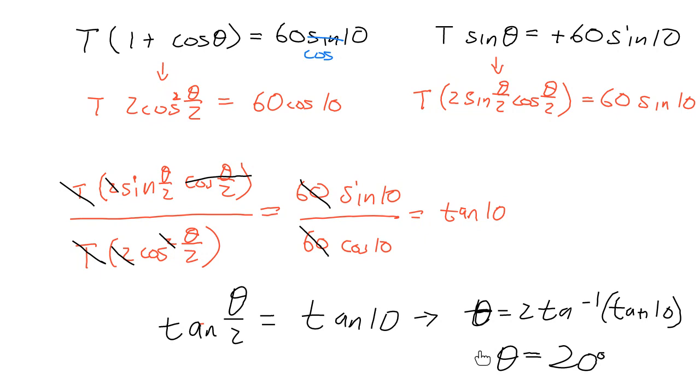So now we can just take this theta, which I guess we're supposed to solve for anyway, and plug it in to either one of these equations. So plug it in right here, or right here. This is actually a shorter one. Plug in theta there, and we can solve for t.